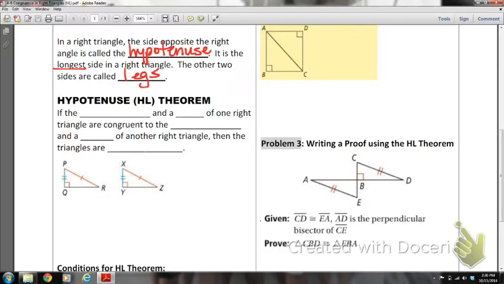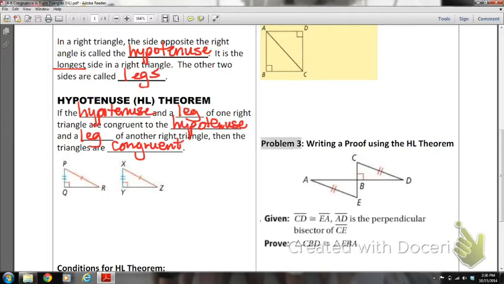Now the hypotenuse leg theorem states that if the hypotenuse and a leg of one right triangle are congruent to the hypotenuse and the leg of another right triangle, then those two triangles have to be congruent.